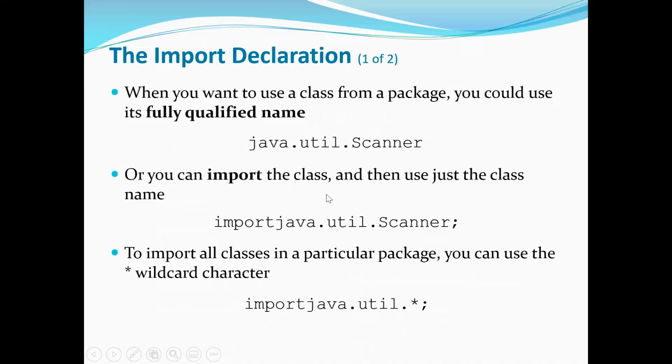Now, the most important thing we should know here is that for most of the predefined classes, as we mentioned earlier, the majority of them, we need to import the package. So for example, if I want to use the Scanner class, I will import the utility package. Now, the Math class belongs to java.lang. Java.lang, we normally don't import it.